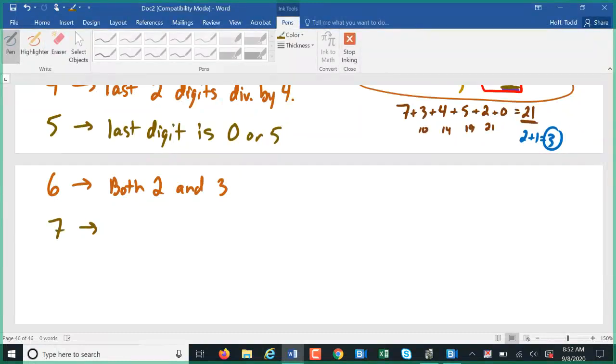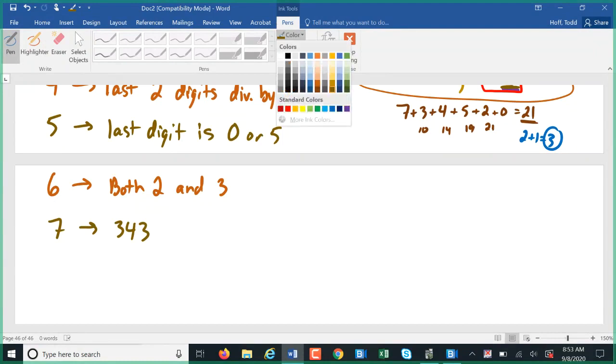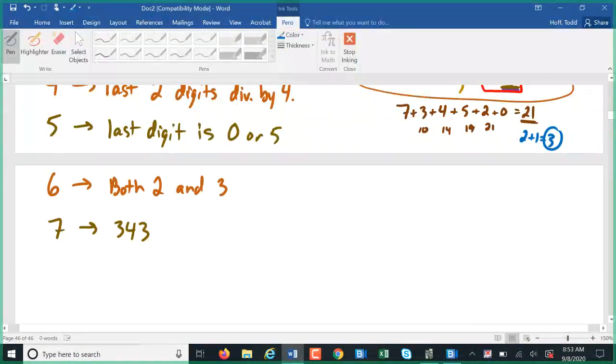So for example, 343 is divisible by 7. The divisibility rule for 7 is you take the last digit and you double it. 3 times 2 is 6.